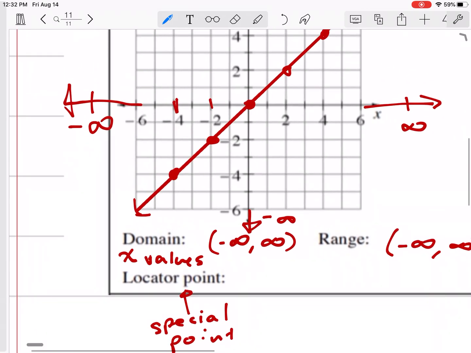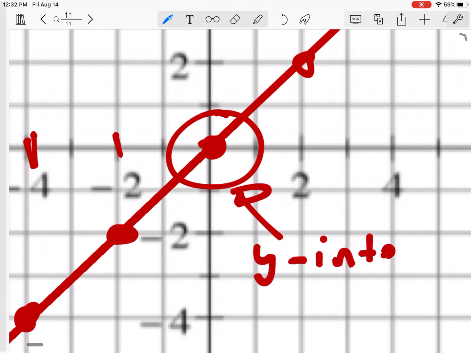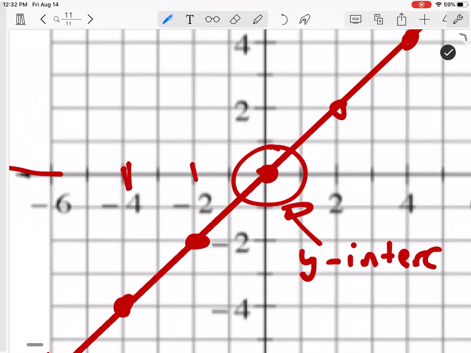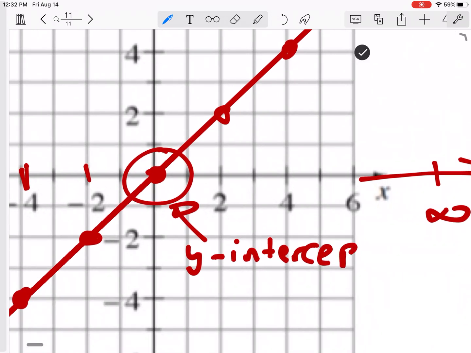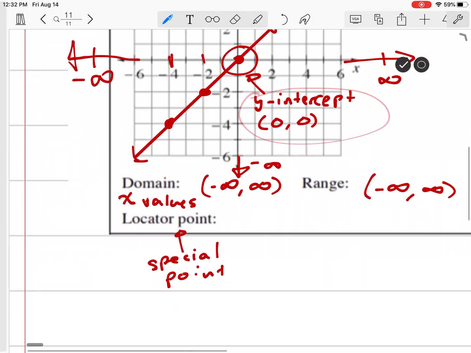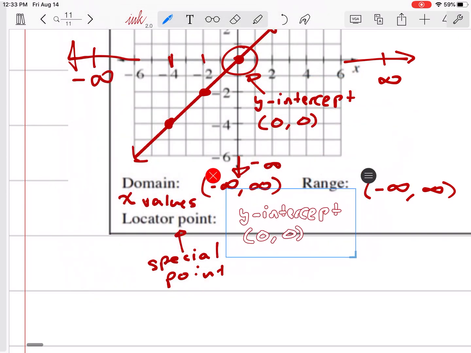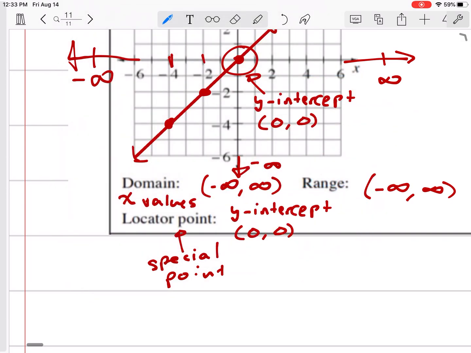For a linear function, the most notable point is right here, the y-intercept. The y-intercept in this case is at the origin. So that's what I'm going to say our locator point is for this type of function. The y-intercept.